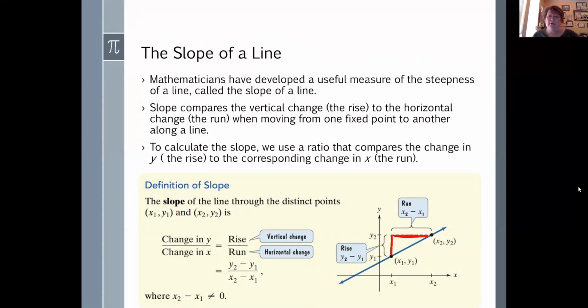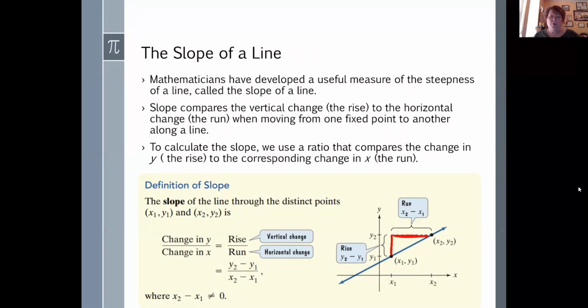So we can create an equation for the slope of a line. The slope of a line through the distinct points x sub 1, y sub 1, and x sub 2, y sub 2 is the change in y divided by the change in x, which is the ratio of the rise to the run, and we can write that as the distance from one point to the next in the vertical direction, so y sub 2 minus y sub 1, divided by the distance in the x direction, which is x sub 2 minus x sub 1.